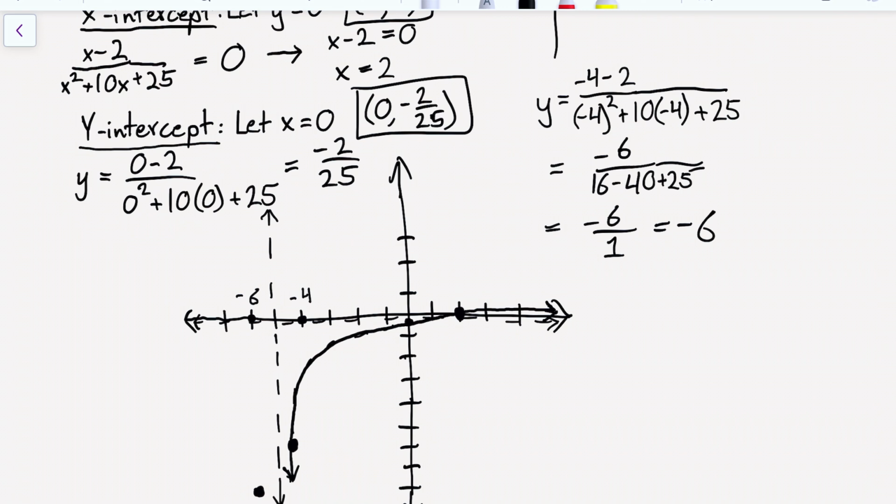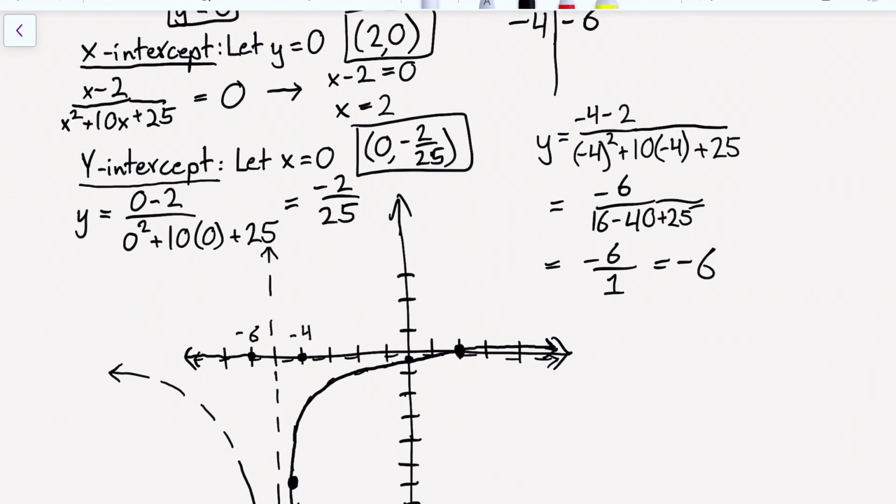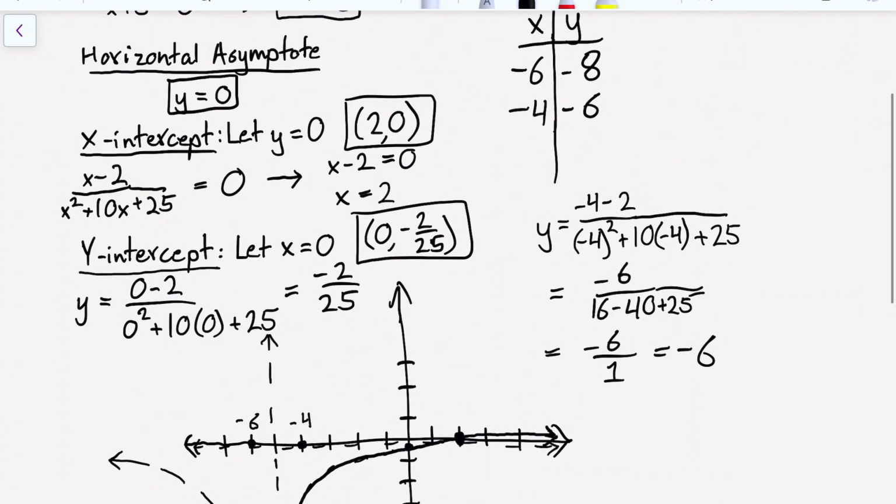And that tells us how the function behaves on the left side of this asymptote. If it passes through -6, -8, the y values must be going down to -infinity here, and they must be approaching 0 here on the left.